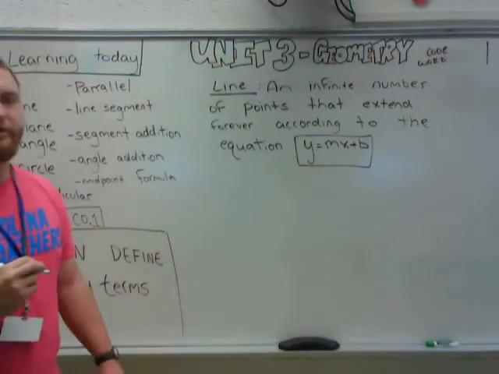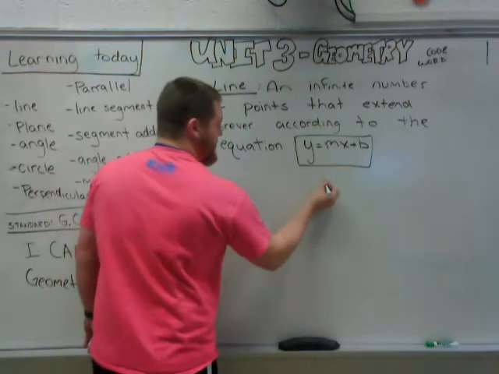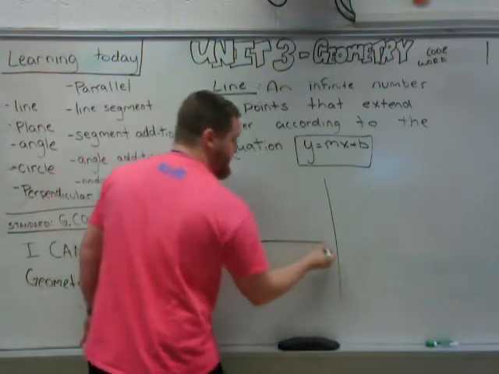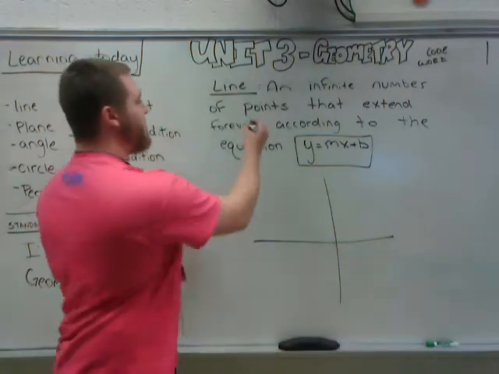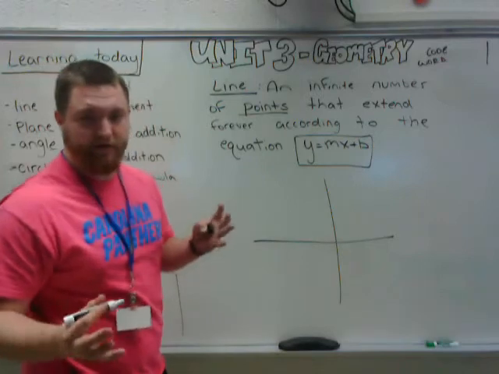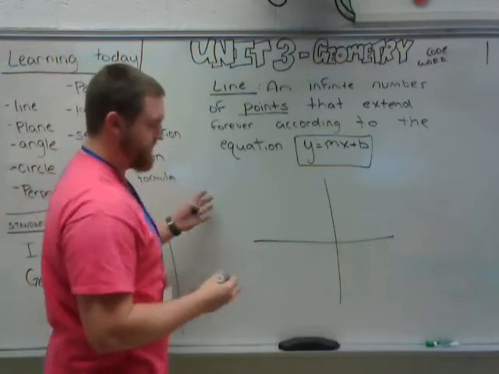Okay. So, once again, we're going to go back to our grid, because if it's an infinite number of points, and points mark position on an xy coordinate plane, then we need a coordinate plane.